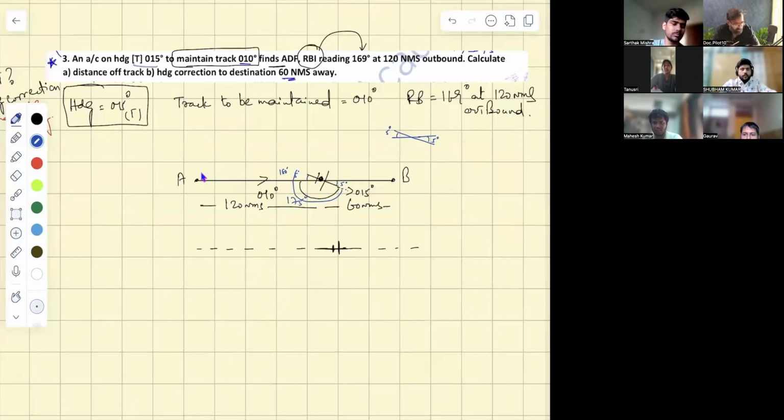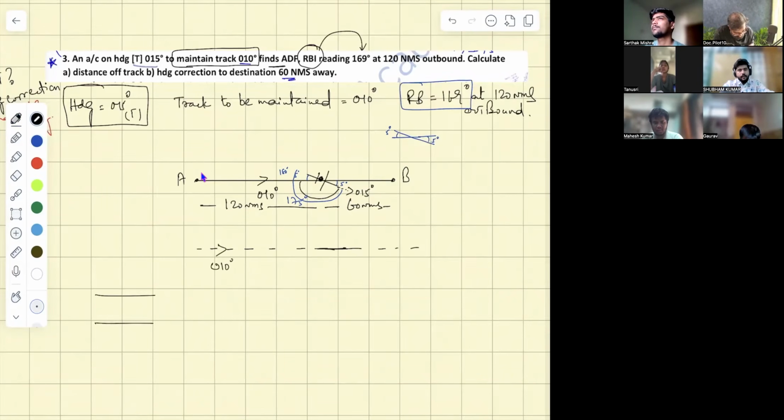175 degrees. Now, what is the relative bearing he gave in the question? 169. So that means the aircraft has deviated. Let's say the aircraft has deviated to the right side. See, this is a parallel track which is also 010.